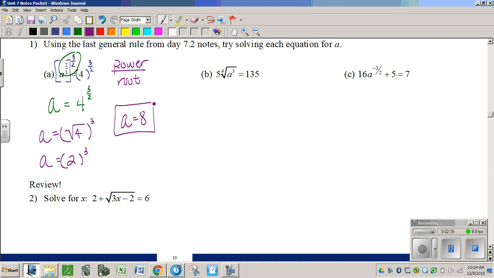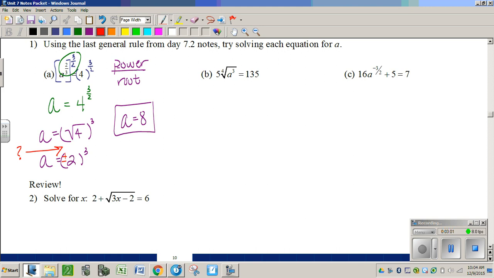Now, anytime you're solving an equation, you can check that. I told you that the answer was just 8. What did I forget to do when I was solving? Oh, say right about here. What did I forget to do? Because I took the square root of 4. Ah, that's right. Anytime you take the square root, your answer can be positive or negative.